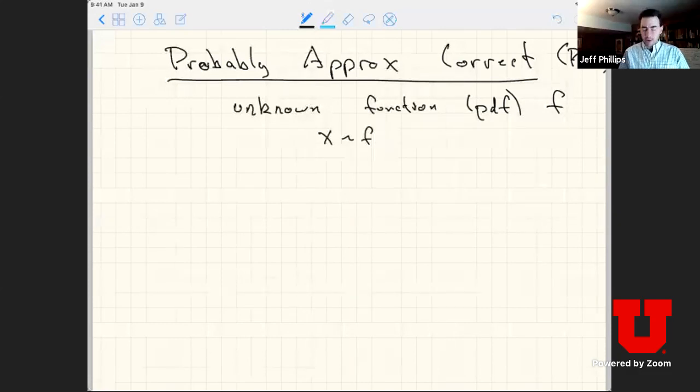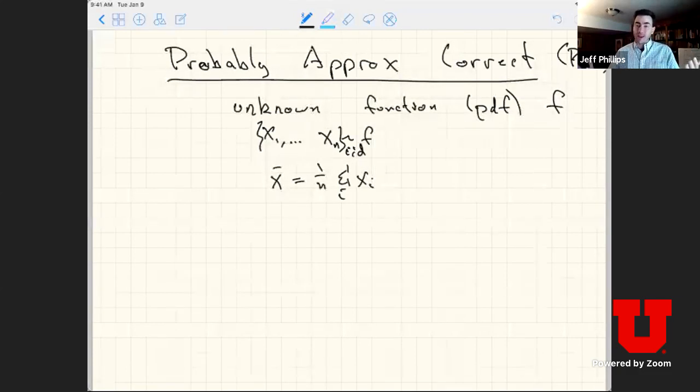Typically we want a set x1 up to xn, drawn IID, identically and independently, from this distribution. We often want to look at some quantity, and we'll mainly focus on the average, 1 over n times the sum of these values. Then x bar is again a random variable, and we can talk about its expectation.